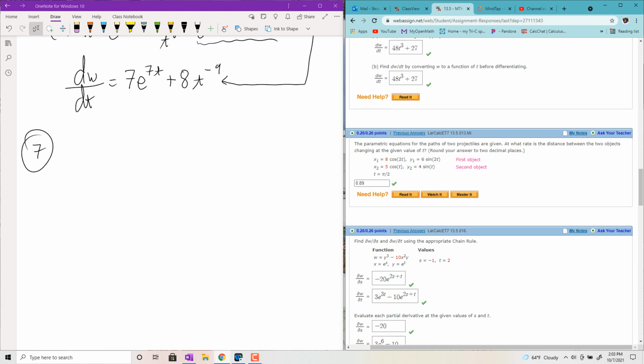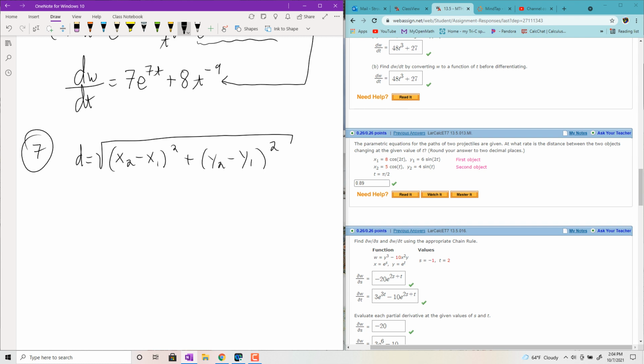So our overall formula for this distance is from the distance formula, right? What we're going to have then is some function in terms of 4 variables, x2 minus x1 squared plus y2 minus y1 squared, where each one of those functions then is in terms of t.